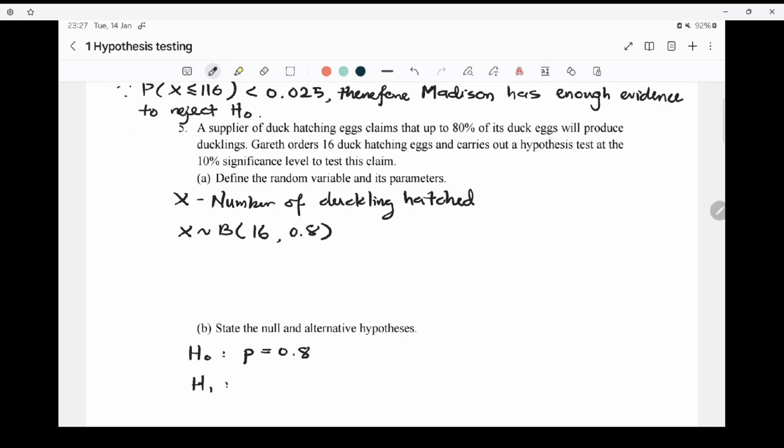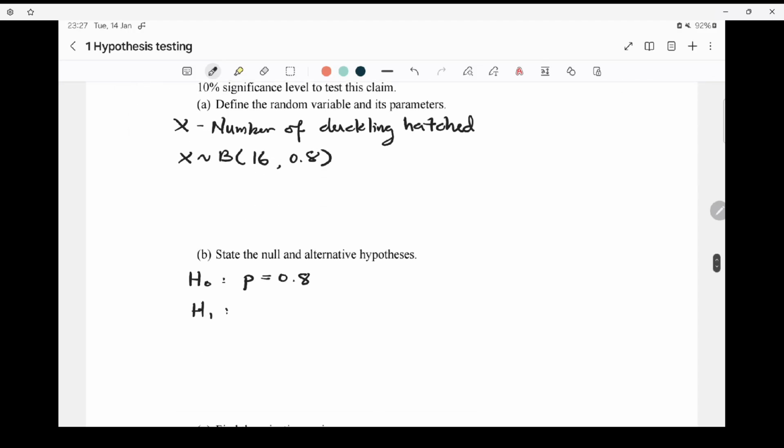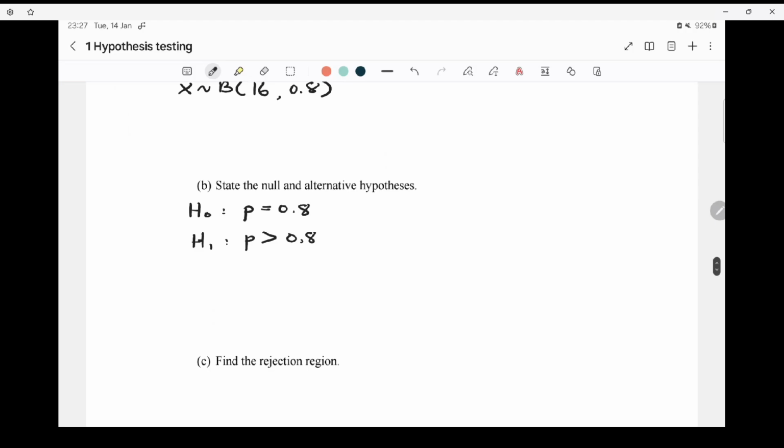So up to 80% means that this is a one-tailed test. So these are your null and alternative hypotheses.